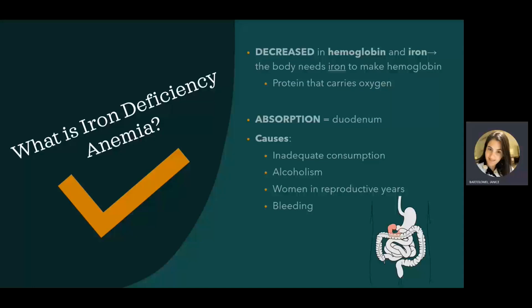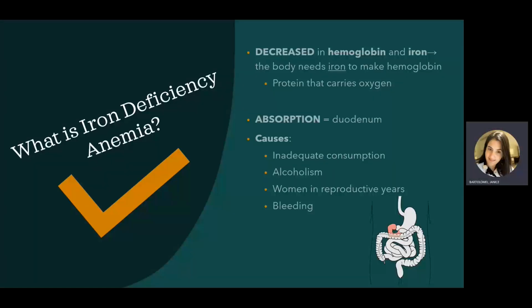There are different nutrients that are responsible for creating red blood cells, okay? Some of these nutrients, and I'm just going to list a few, are your B vitamins, vitamin E, folic acid, iron, vitamin C, and your protein. If you have a lack of any of these, you might have issues with your red blood cells.